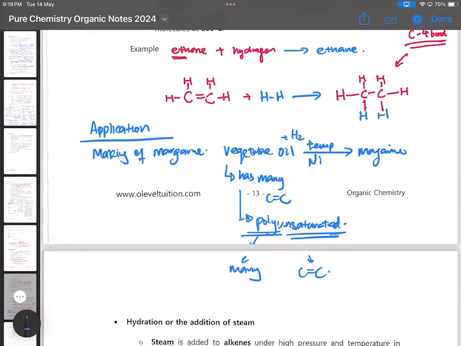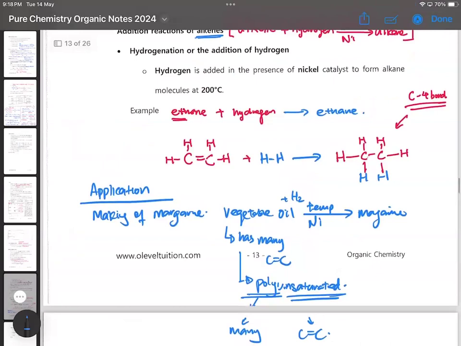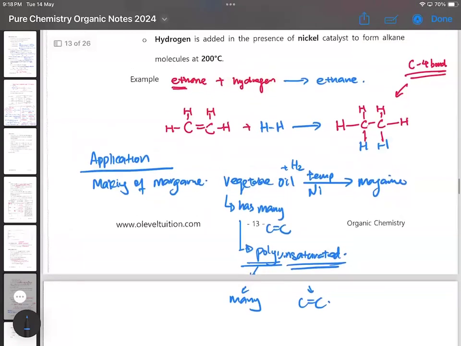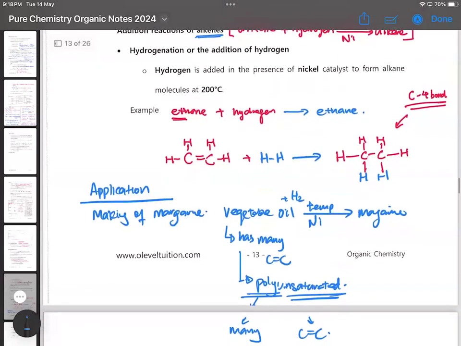Why do we use this in the first place? Any questions so far? So this is the first addition reaction, which is addition of hydrogen to your CC double bond. We call it hydrogenation, or addition of hydrogen. Okay, let you digest a bit.